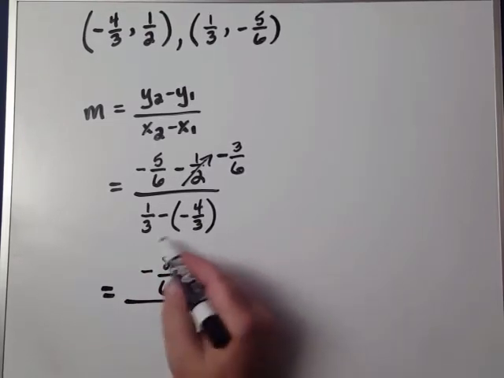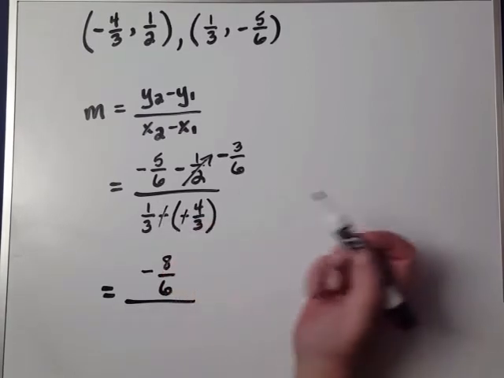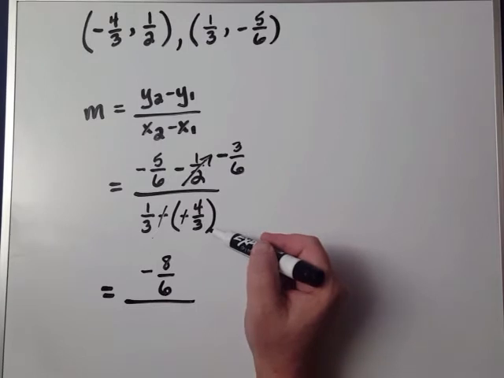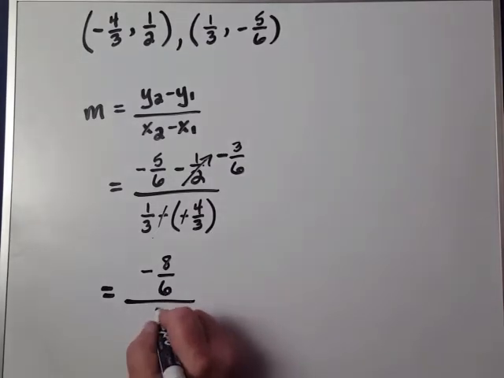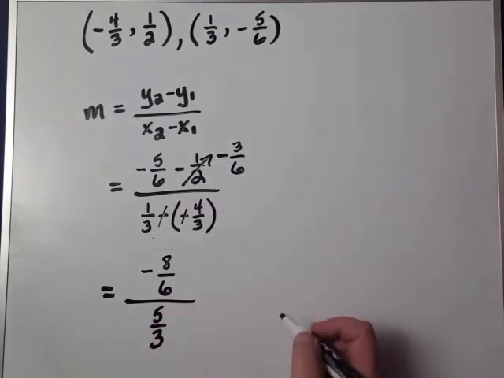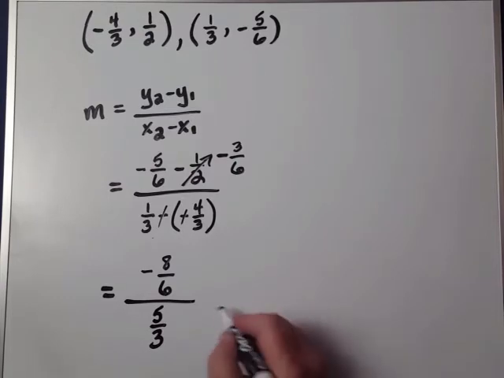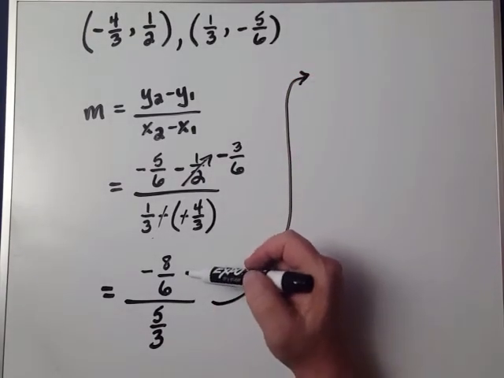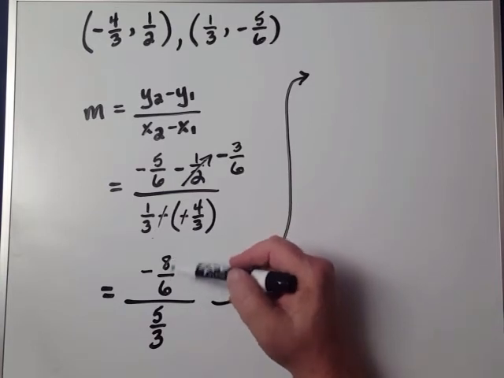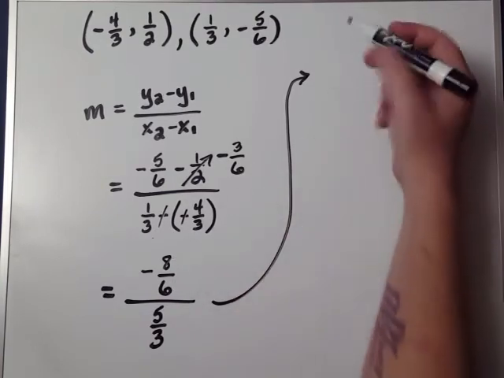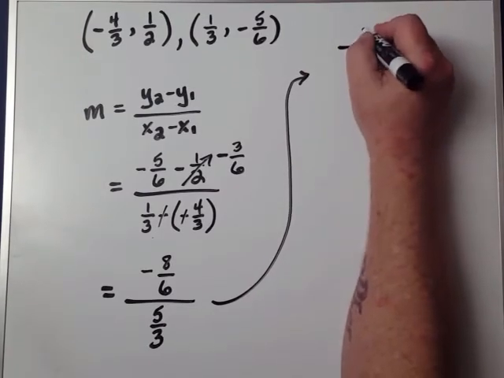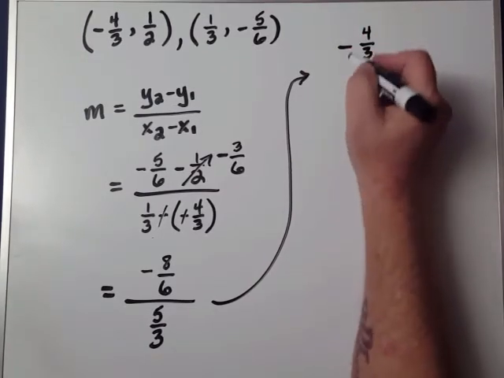Over, here in the bottom, make 2 marks, plus a positive 1/3 plus 4/3, already have a common denominator. That's a total of 5/3. I'm going to go ahead while I'm at it, just to make life a little easier on myself, and reduce this 8/6. Negative 8/6 reduces to negative 4/3.